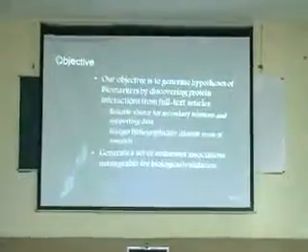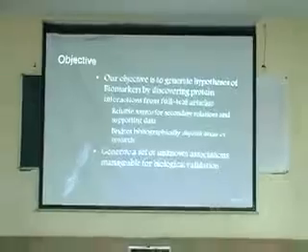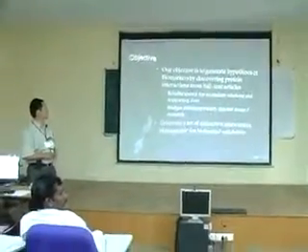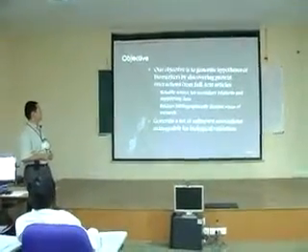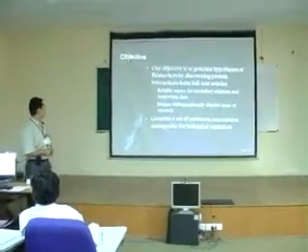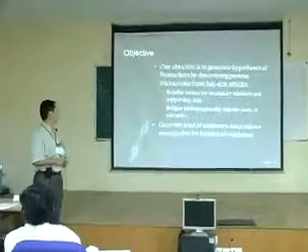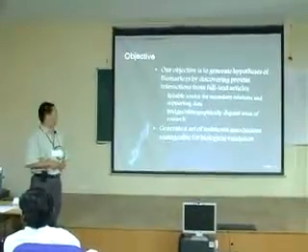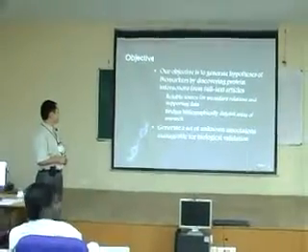The objective of this study is to generate hypotheses of biomarkers by discovering protein interactions from full text articles. And we try to use reliable sources for the secondary relationships and supporting data.